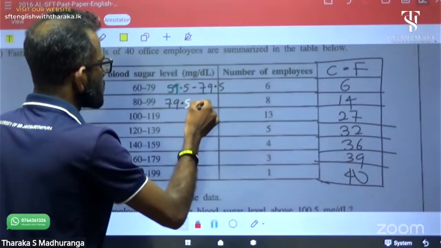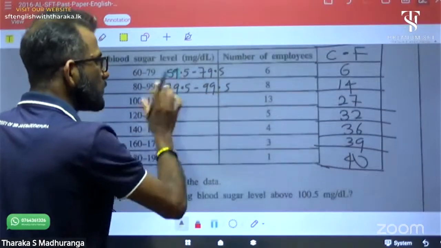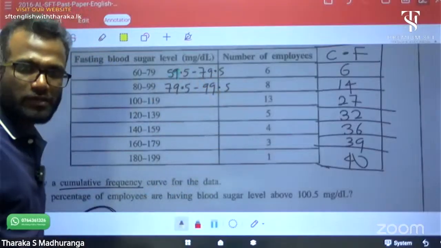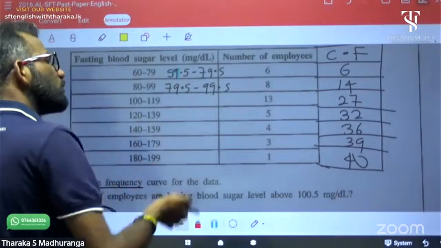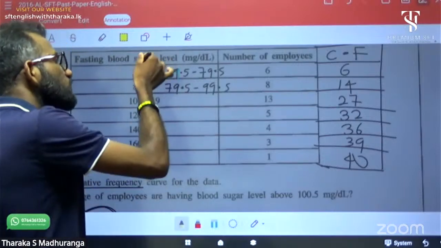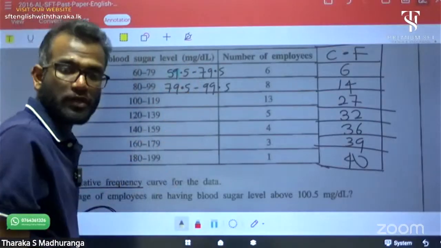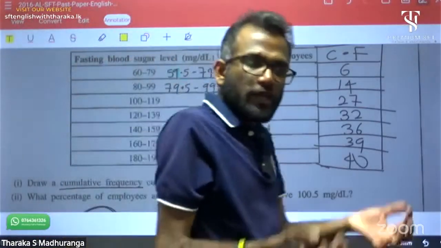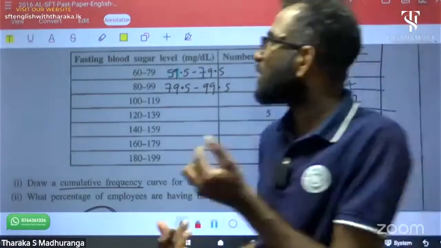The gap is one, so 1 divided by 2 is 0.5. Subtract 0.5 from the lower limit and add 0.5 to the upper limit. Okay.